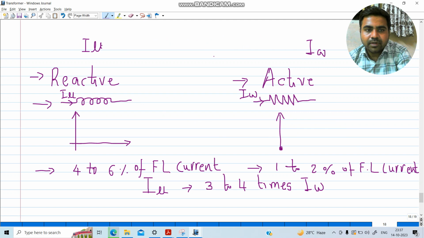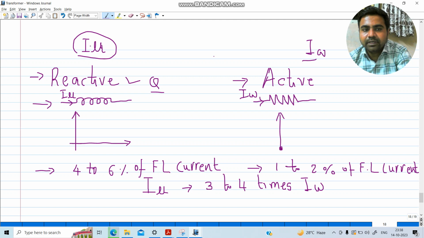So this IMU, as we discussed, is the magnetization current. It is associated with reactive power Q, and IW is associated with losses. As we know, reactive power is consumed by an inductor. So we can show the magnetization current with an inductor, and we can show the working current with a resistor.